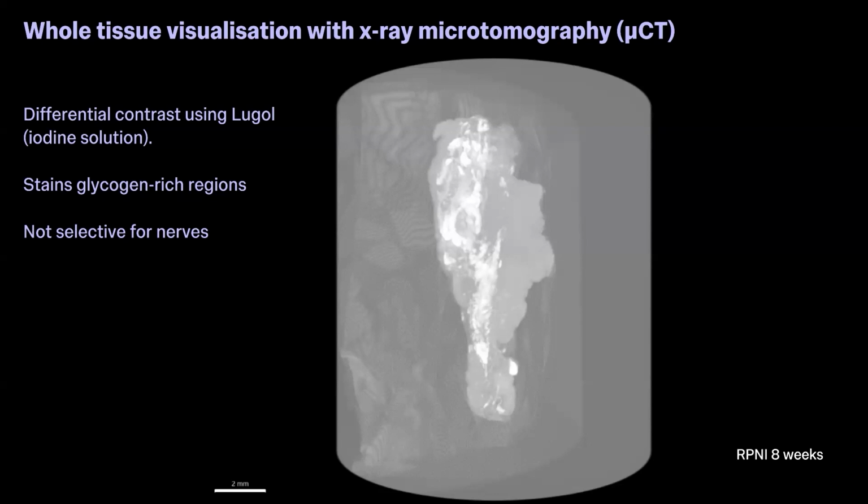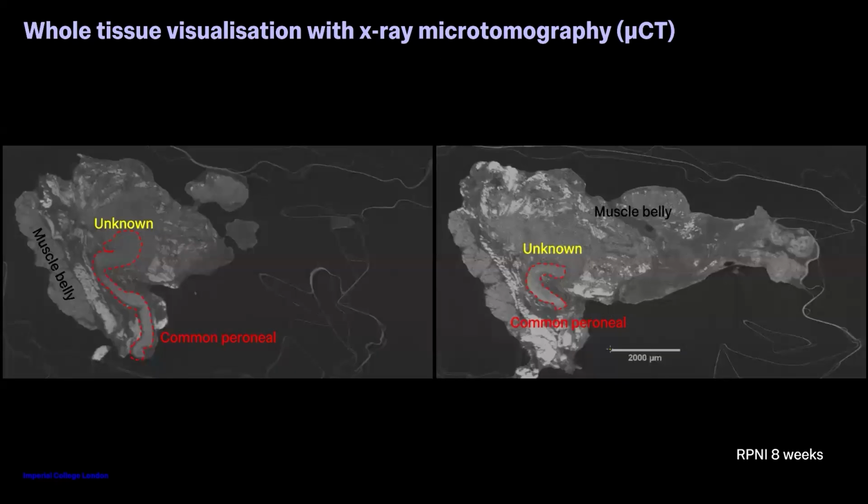So in the CT, what you can hopefully appreciate is that you get a lot of regeneration of tissue that is very complex and non-discriminative. When we look at individual slice sections of this micro-CT, we can see the point of entry of our common peroneal nerve into our muscle belly, but we can't really distinguish what's happening at that regenerative interface.